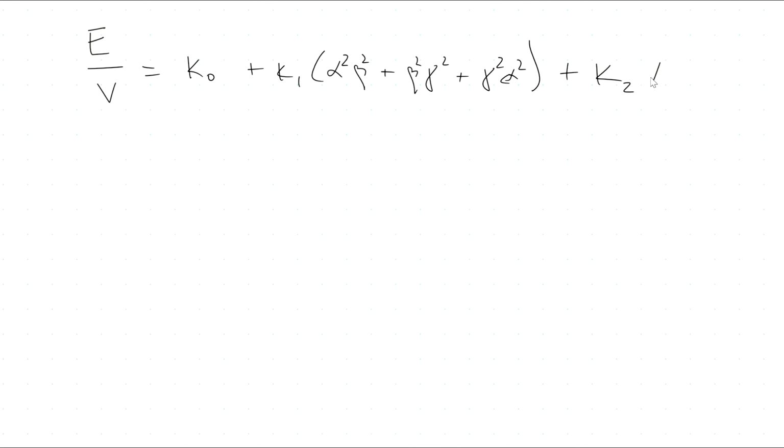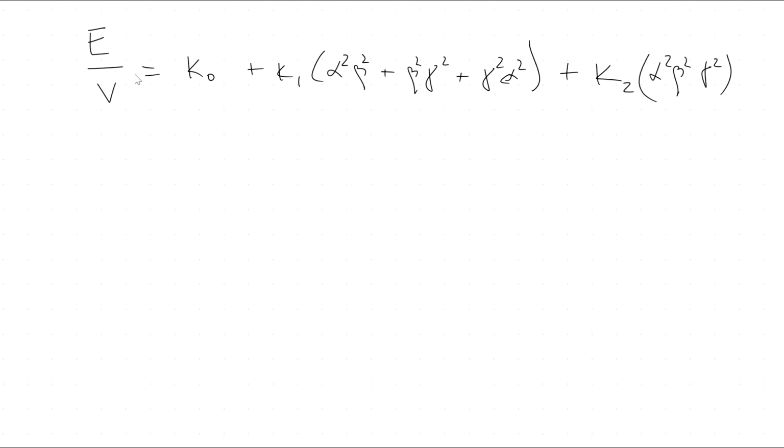So we take energy per unit volume, and there would be a constant offset k0 plus k1 alpha square beta square plus beta square gamma square plus gamma square alpha square. I'll get to what this is in a little bit, plus k2 alpha square beta square gamma square.